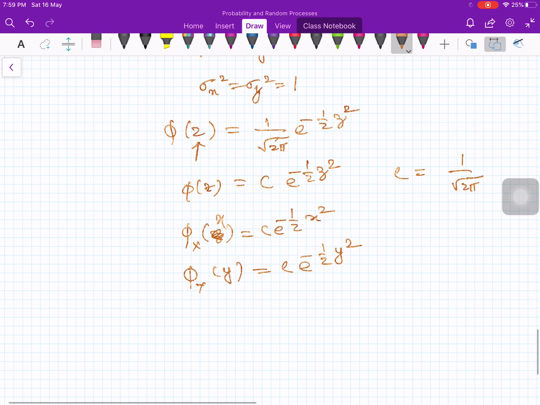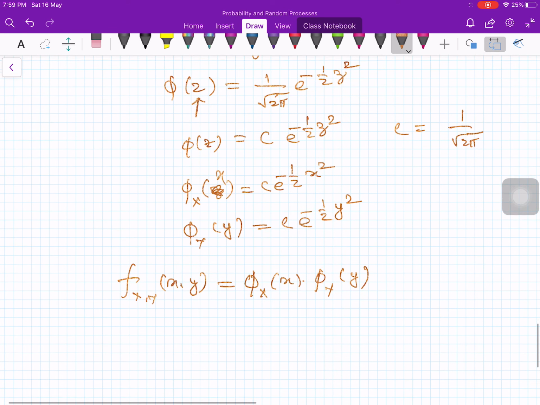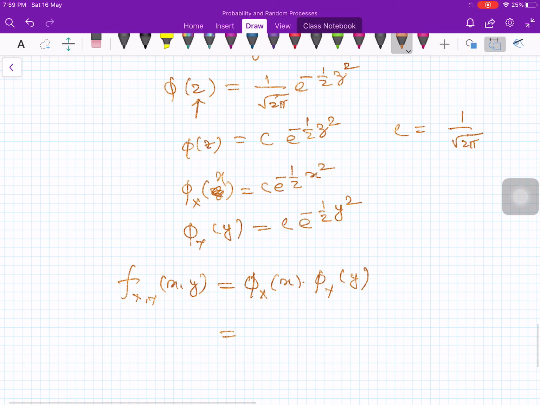The joint density of x and y is given by the multiplication of the marginal density functions. So phi x of x times phi y of y. So this is c squared times e to the minus x squared by 2 times e to the minus y squared over 2.